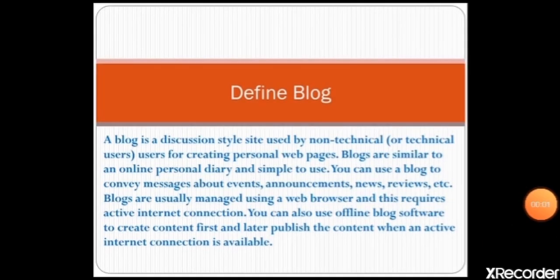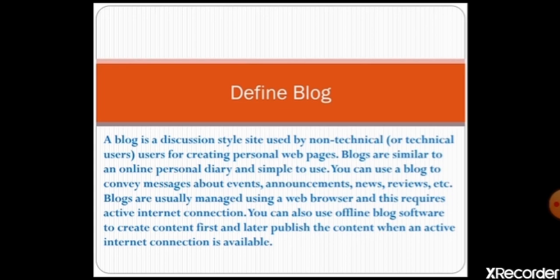There are different types of blogs: personal, collaborative, micro, and corporate. If we talk about a personal blog, it is an ongoing diary written by an individual. A collaborative blog, or group blog, is a type of blog in which posts are written and published by more than one author.